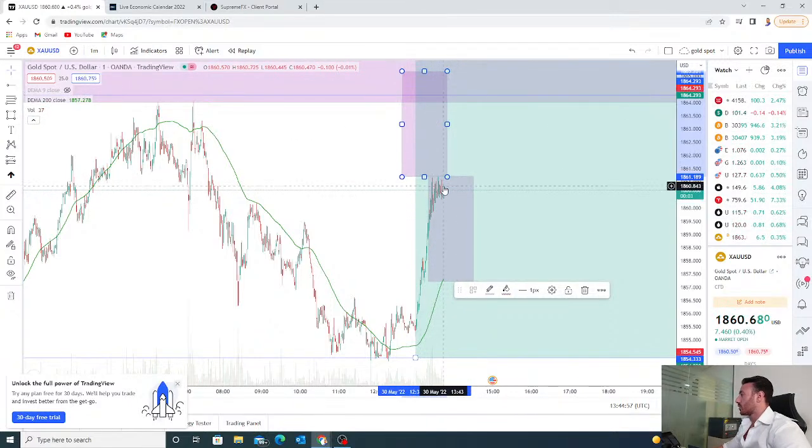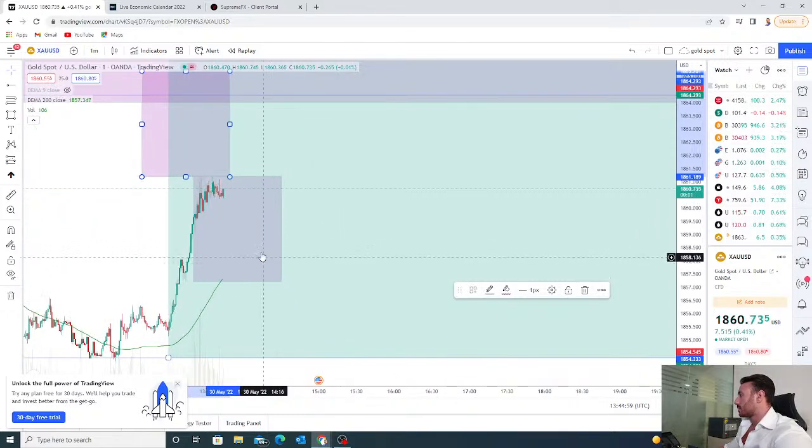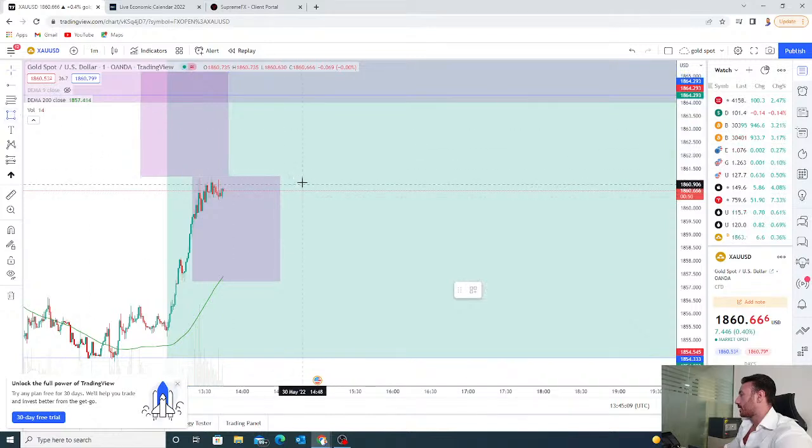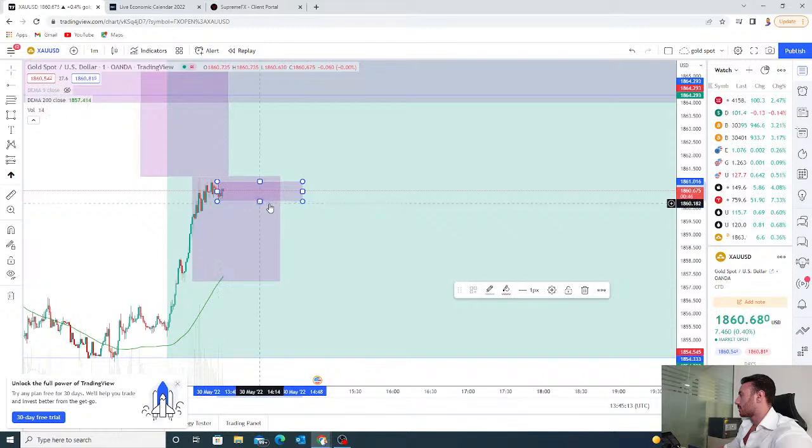So this is a consolidation. You can see it's creating a rectangle. If we draw a rectangle here, you can see it consolidates in this area.